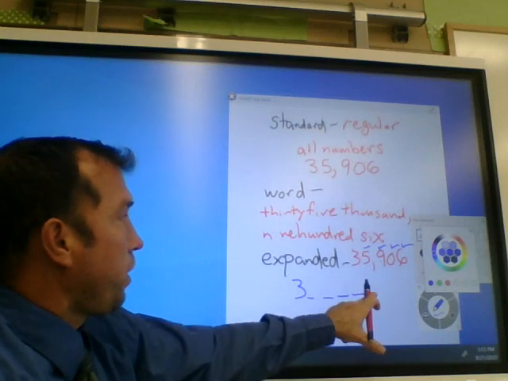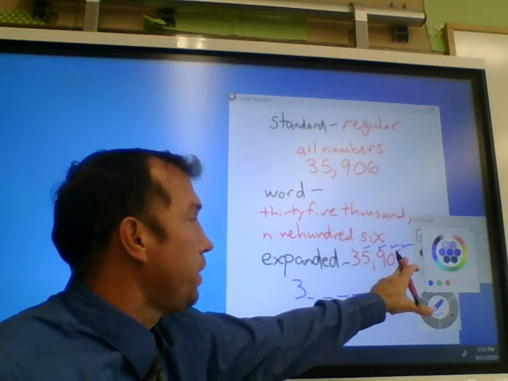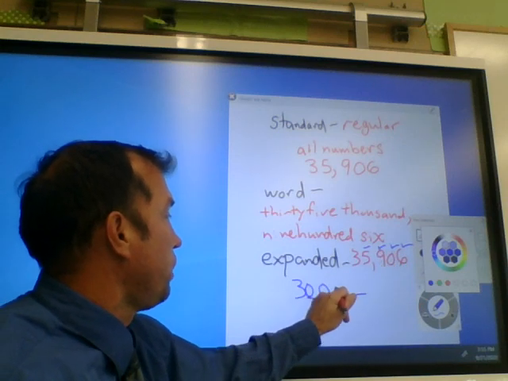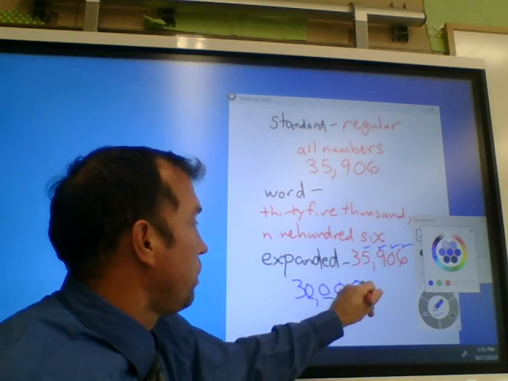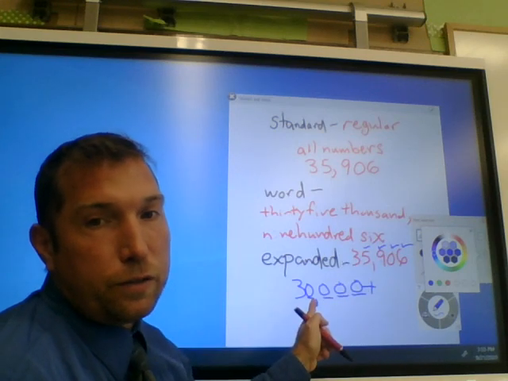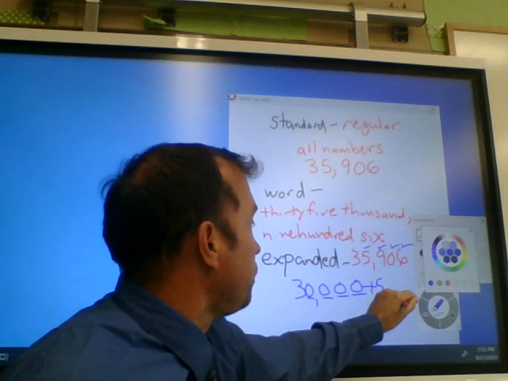When I'm putting my commas in, again, you start over on this side, you count back every 3, 1, 2, 3. That's where the comma goes, and those all become zeros. Then I look at my 5 is next, so the 3 is all done. It's 30,000. The 5 has 1, 2, 3 spots after it.